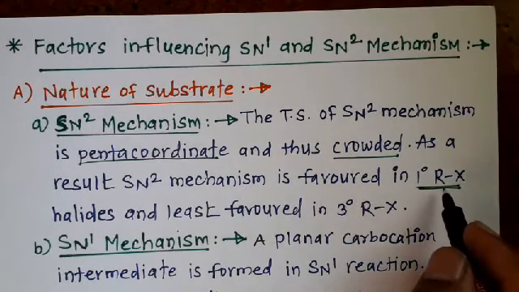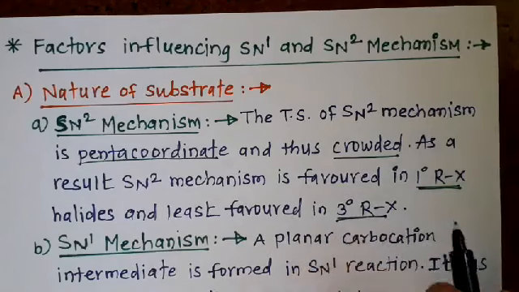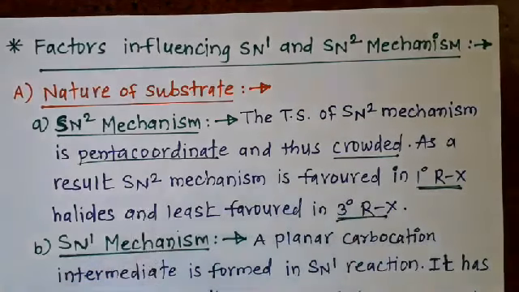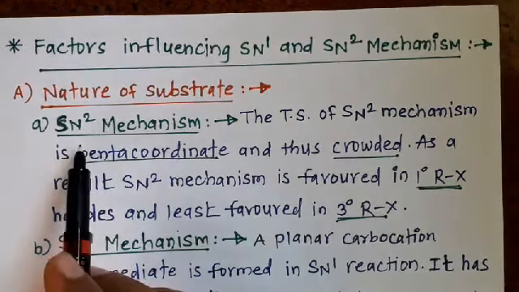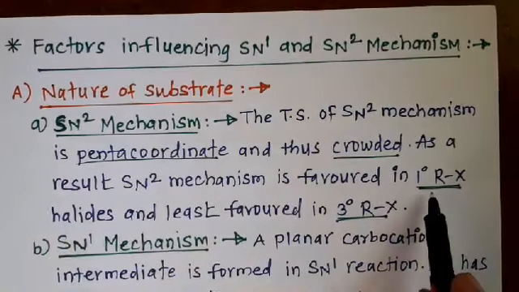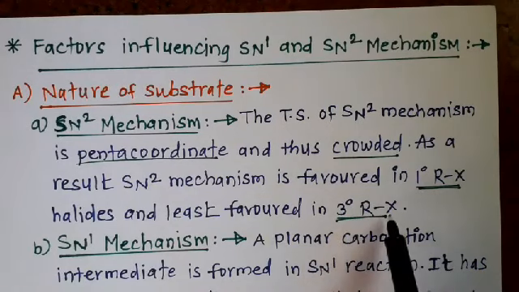But if we take tertiary alkyl halide, then the transition state becomes more crowded. And due to this, the rate of SN2 reaction becomes faster for primary alkyl halide but not for tertiary alkyl halide.